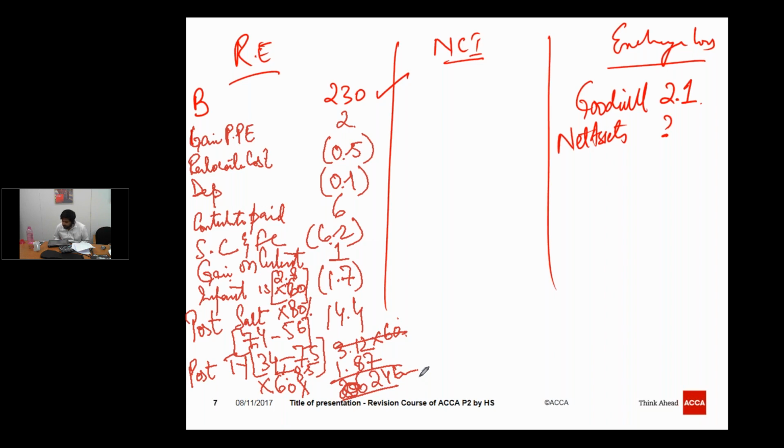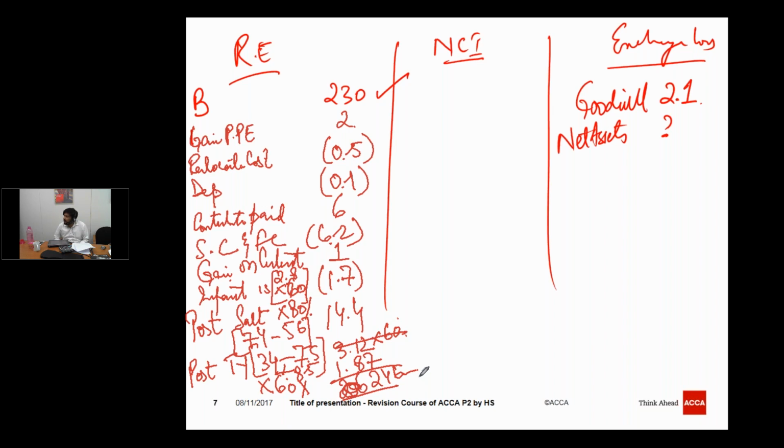You can see in the balance sheet of the subsidiary company, that is Salt Company, the retained earnings figure, that is 74, and in note number 1 we have seen that the retained earnings of Salt at the date of acquisition is 56.